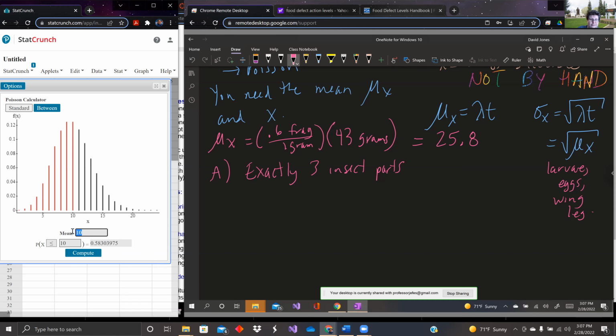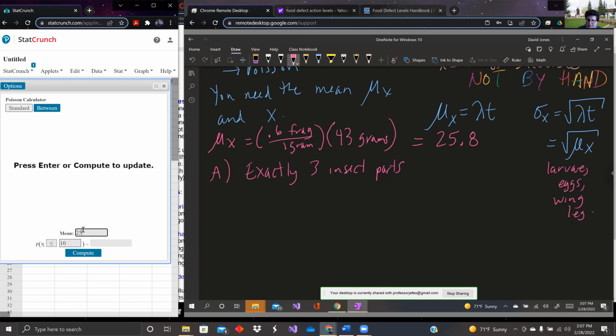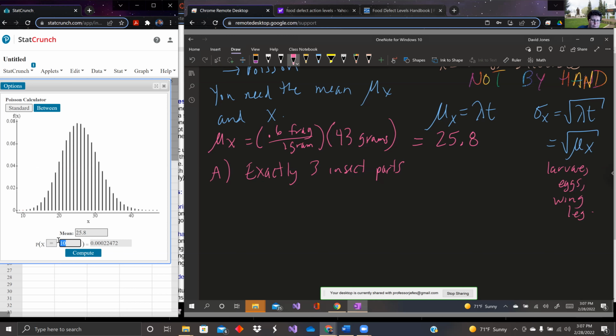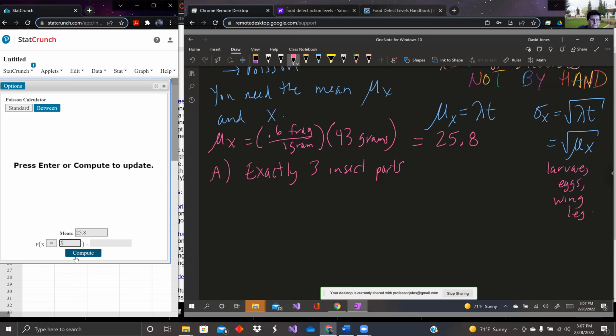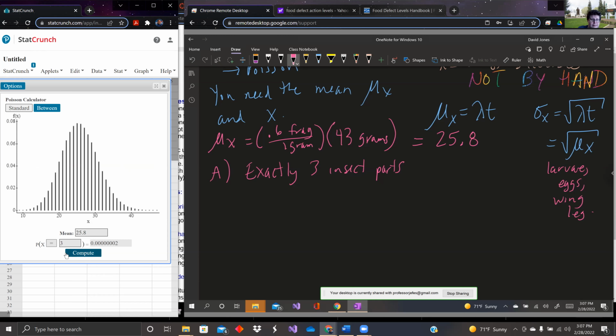Let's check it over here. Mean is 25.8. And we have the same drop-down choices we had before. And we want exactly 3. So choose 3. The probability that X equals exactly 3 is really low.